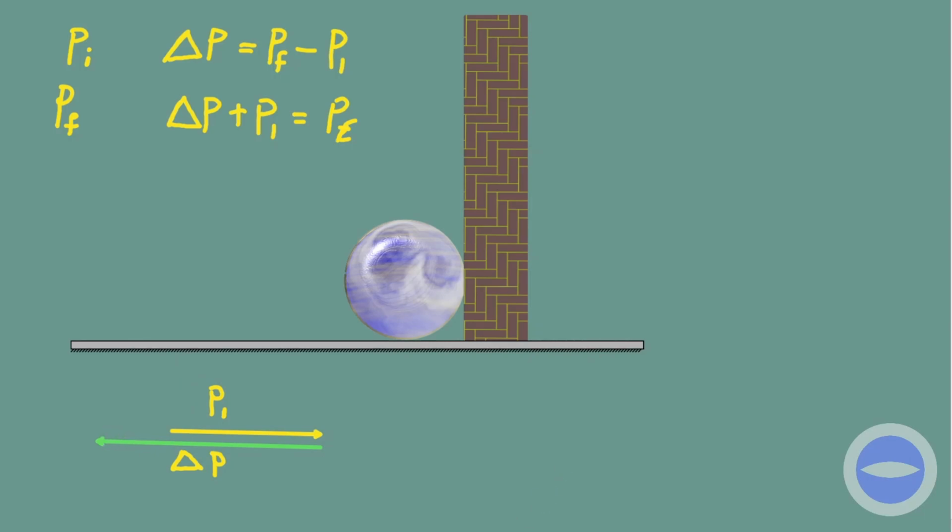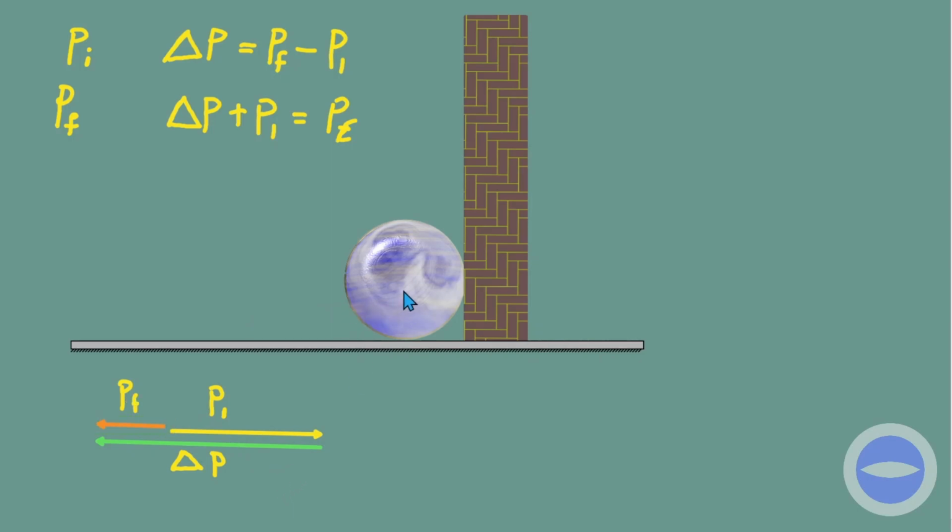So that means the final momentum is going to be something like this one. This is P final. Let me change the color so that you will be able to see. This is the final momentum.